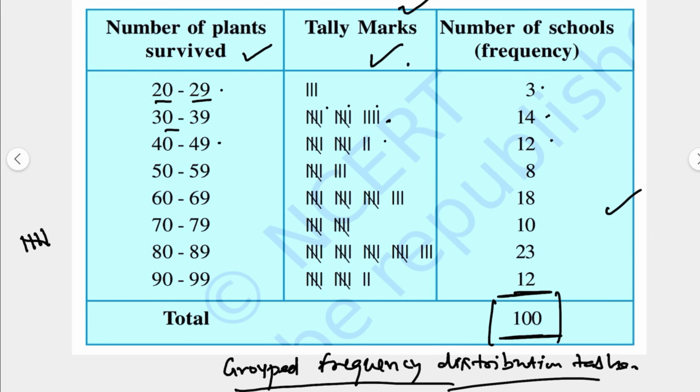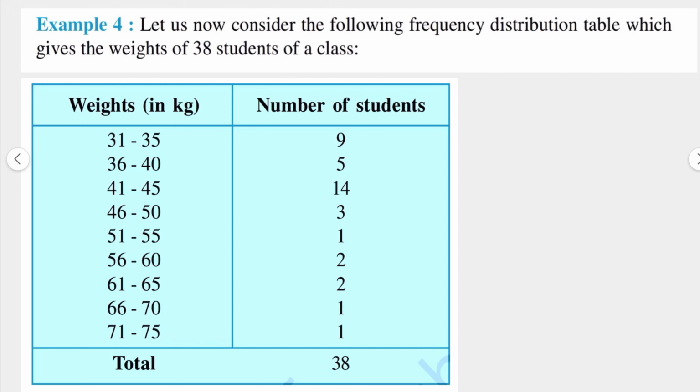Now moving to the next one. Next is example number 4, which is very important. Example number 4 is: let us now consider the following frequency distribution table, which gives the weight of 38 students of a class. This table is given to you in the question itself, giving the weight of 38 students. That means once you add all this, you should get 38.